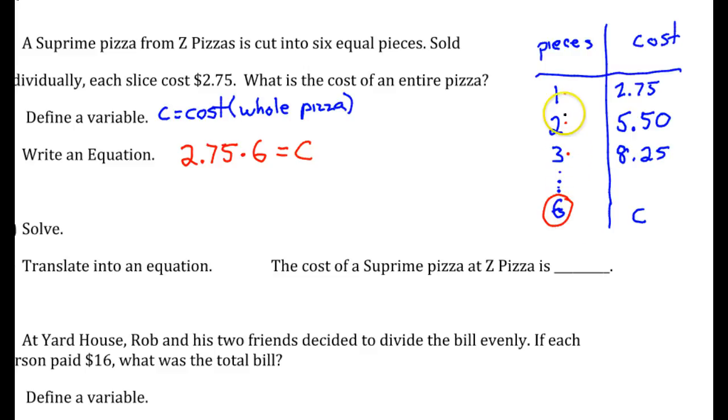So each of these is just times 2.75. If we just keep that going, that will give us our cost.